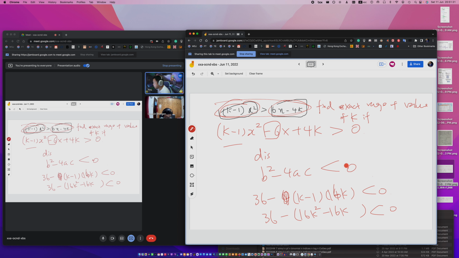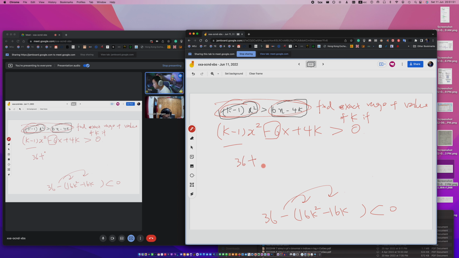Let's tidy this up a little bit. Open it up. So you get 36 plus 16k minus 16k squared. Right?